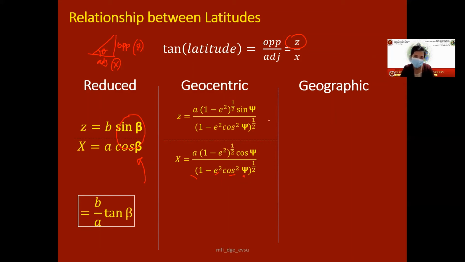So if we take a look at this z and x, if we divide this z by x, can we now simplify the formula?